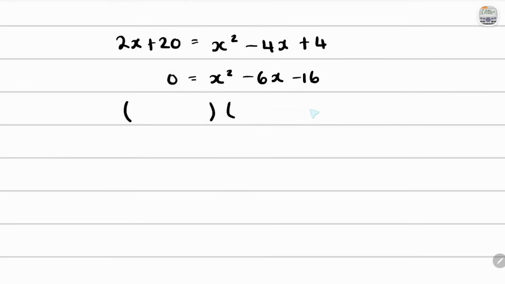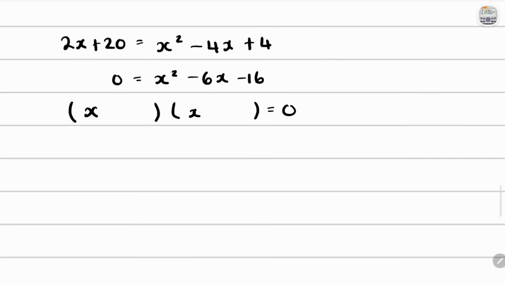And now we can factorize. What times what gives us x squared? That's x times x. And now we need factors of negative 16 that can give us a 6. For 16, you could try 2 and 8. That would probably work. Which should be negative?